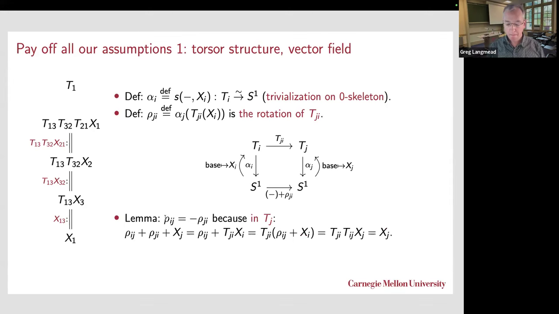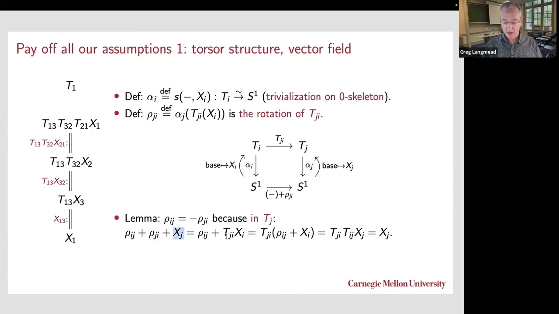So the lemma is that rho_ij and rho_ji are opposite angles, opposite elements of S1. That's easy to see in the diagram, right? Because, of course, t_ji is the inverse map of t_ij over the backwards moving of that edge. And therefore, what's happening down here is opposite for these diagrams to commute. Here it is written out algebraically. It's the key step here, worth just looking at briefly: what is the sum of these two angles?